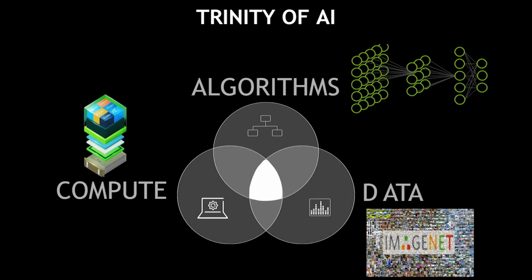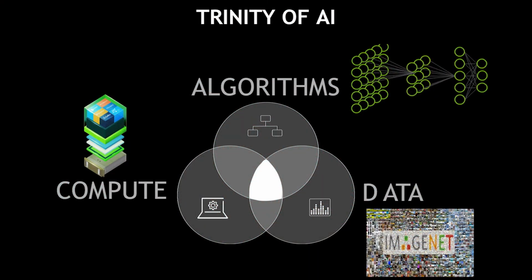So, I'd like to think of artificial intelligence and machine learning not just in terms of the algorithms we use, but really about the data and the infrastructure put together. That's why I call it the trinity, because it's the totality of all this coming together that creates successful applications. Many times we mostly think of just the algorithms, especially in research, when we are developing new algorithms and testing them on standard benchmarks.